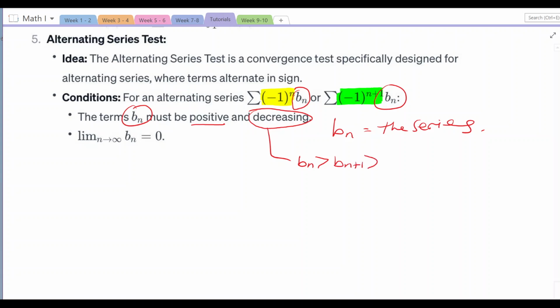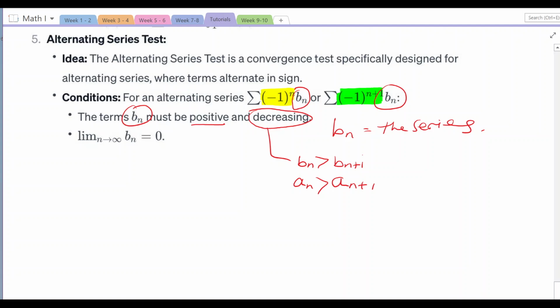Let me use the term a sub n instead. The a sub n must be greater than a sub n plus 1. In other words, the first term, which is a sub n, must be greater than the next term, which is a sub n plus 1.